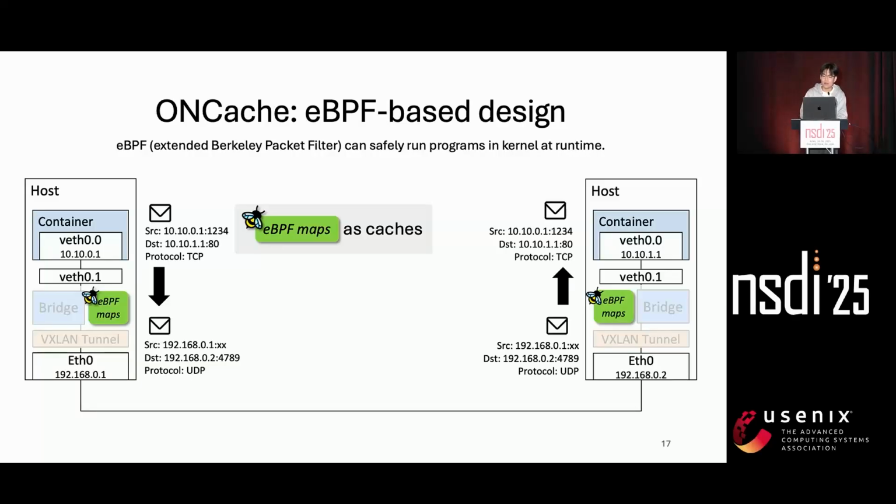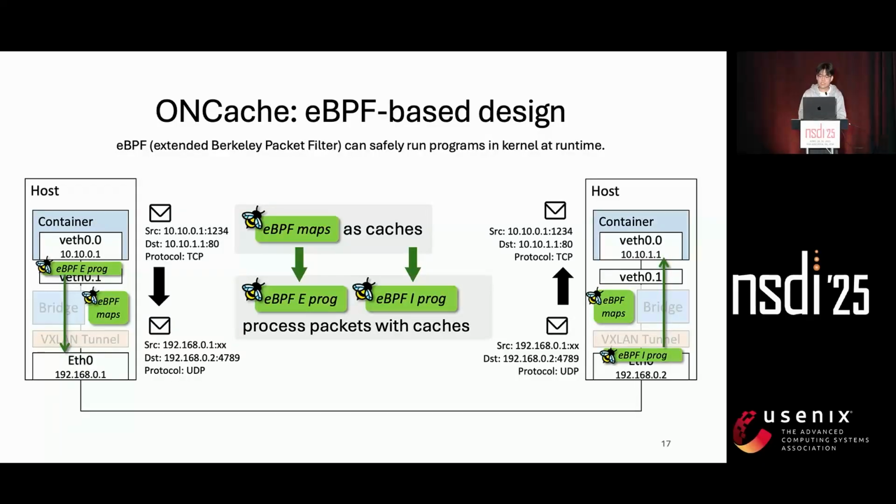Additionally, we hook two more eBPF programs at the start point of the egress and ingress paths of the overlay network. These programs query the eBPF map for cached results, finish outer header prepending, routing, and filtering, and invoke the eBPF redirect function to bypass the original overlay network stack.